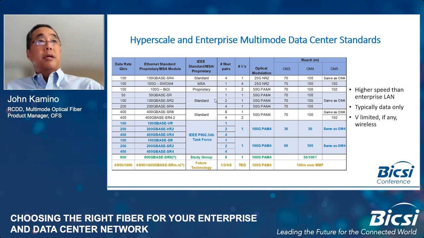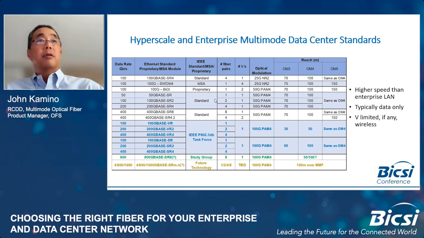You also see 400G base SR8 and 400G base SR4.2. These are the first 400 gigabit standards then. And you can see that 400G base SR4.2 is a standardized solution that uses 4 pairs of fiber and 2 wavelengths.